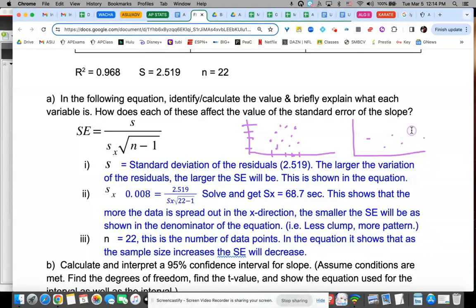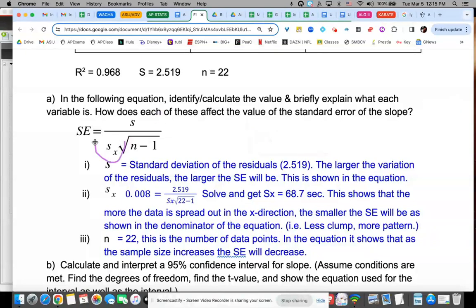And if I start to spread out the x values a little bit more, same y values for these points but spread out more, it's going to be easier to see where the slope is. And when you do the mathematics, you're more confident in your slope.